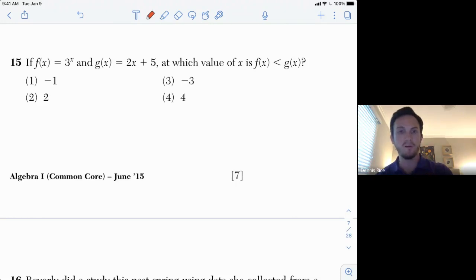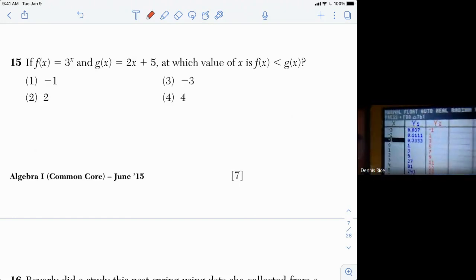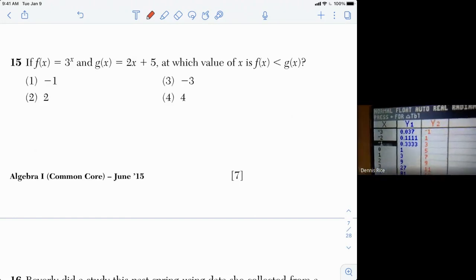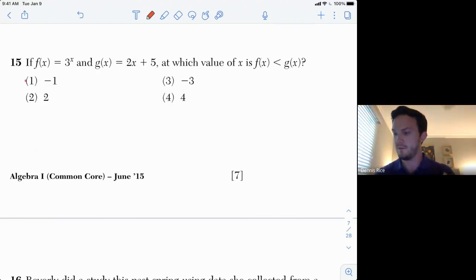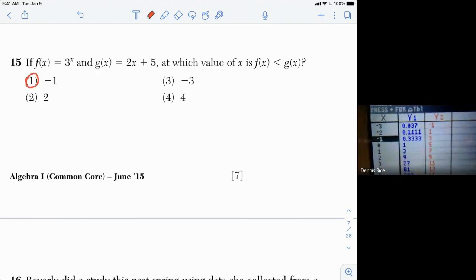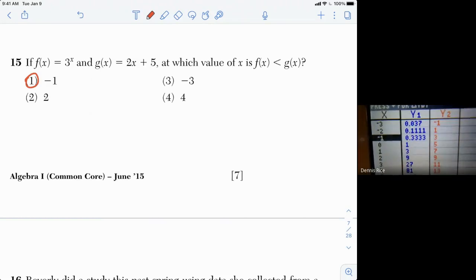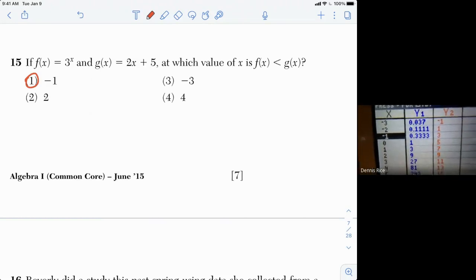We're going to check each of these x values. At negative 1, I see that f of x is 0.3 and g of x is 3. So that's our answer right there, choice 1. When x equals negative 1, look at the red. The red is g of x. 3 is greater than 1/3.